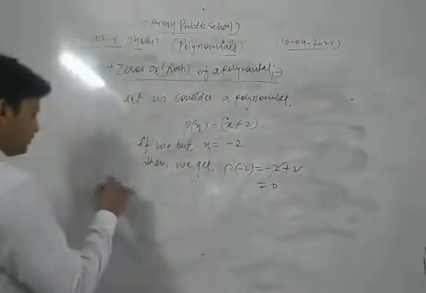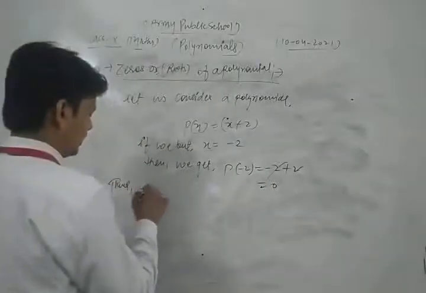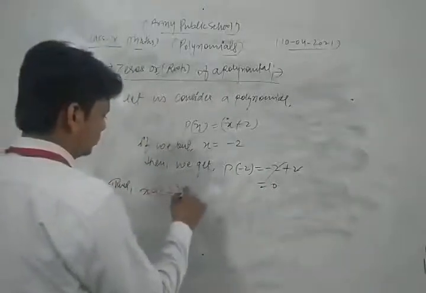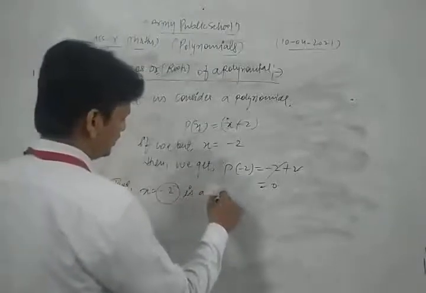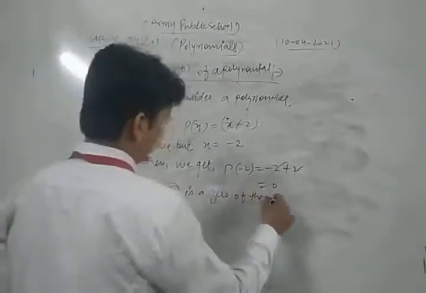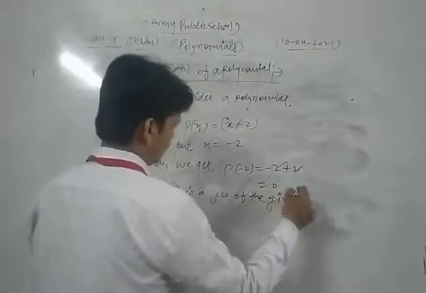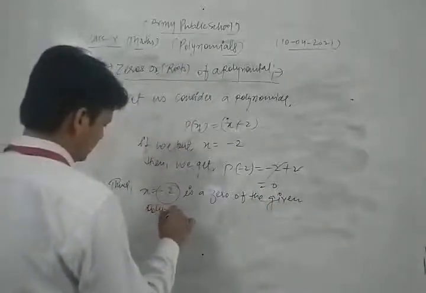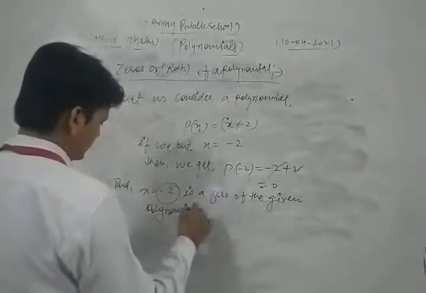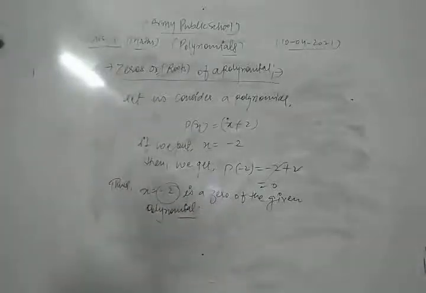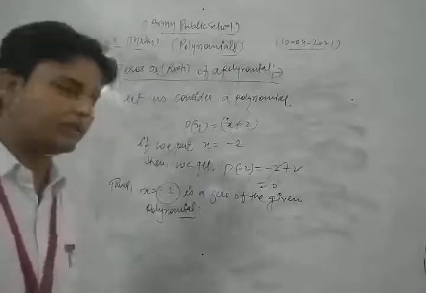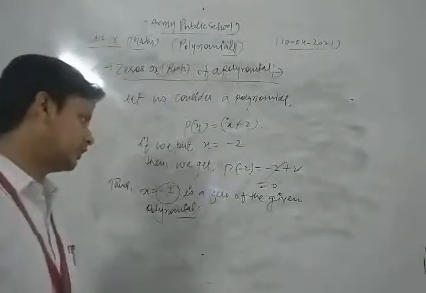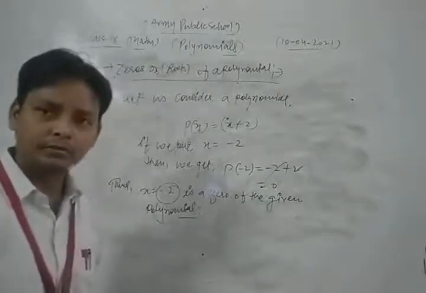Thus x is equal to minus 2 is a zero of the given polynomial.